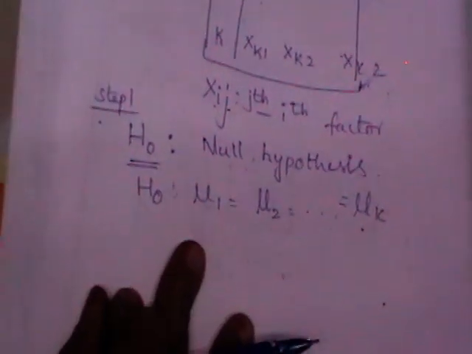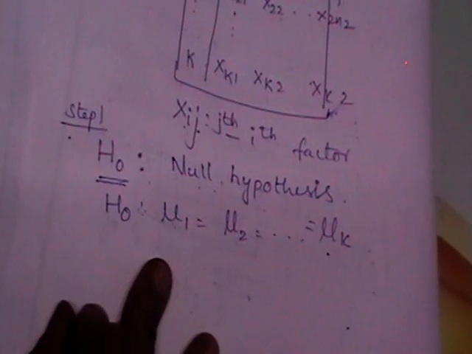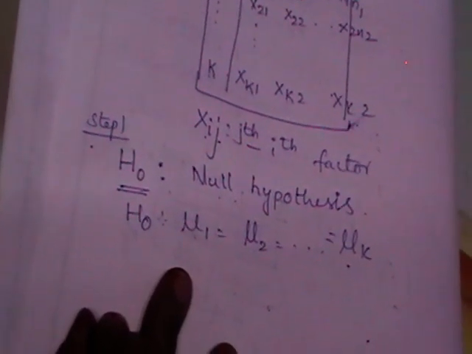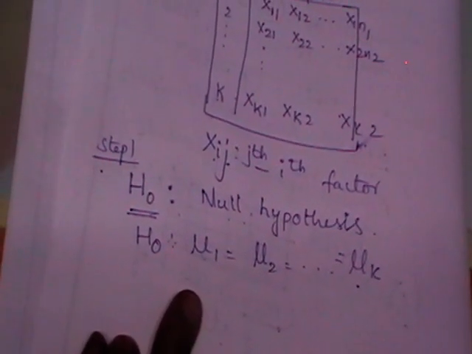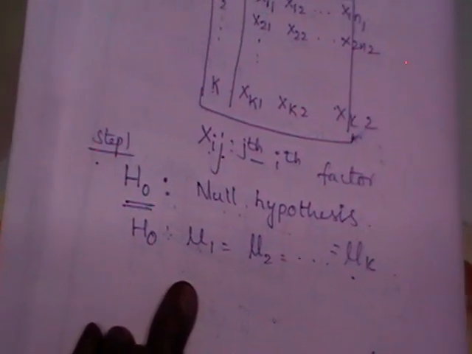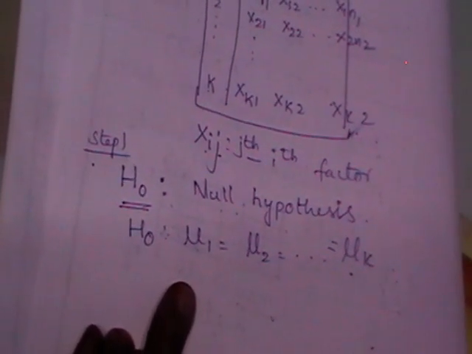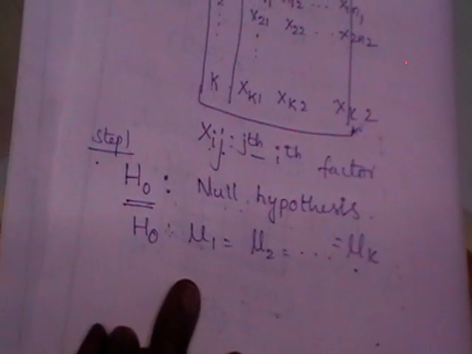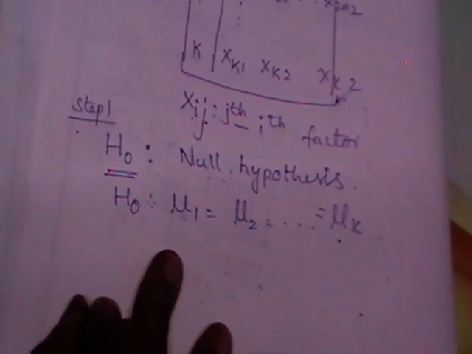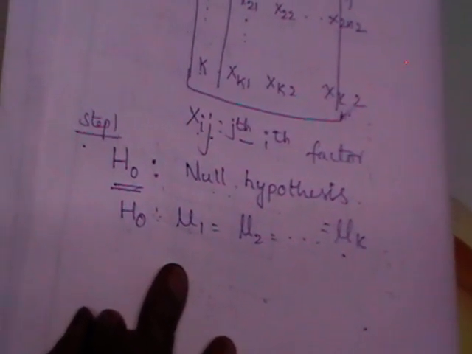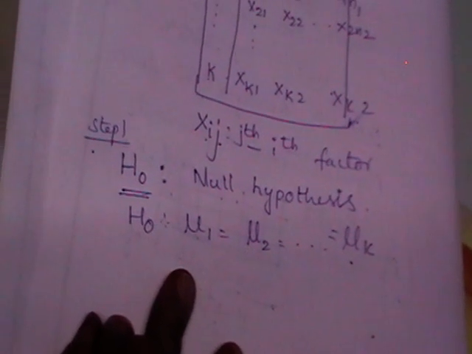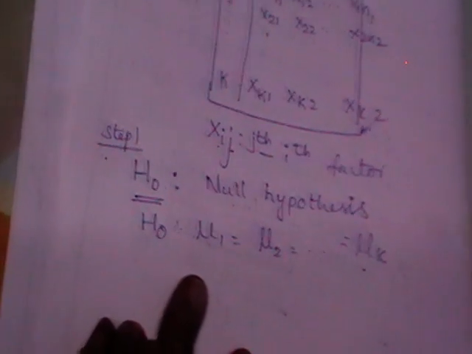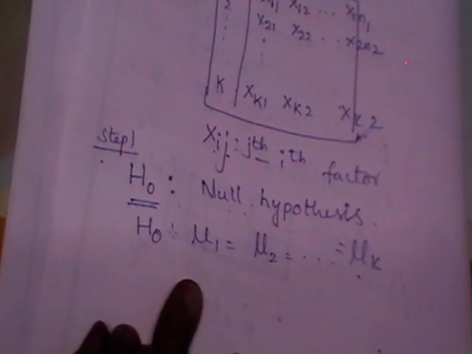Consider the same example: we have an agricultural field and you are applying, say, 5 different fertilizers. Before we conclude anything, we frame a statement regarding the experiment which is neutral in nature, meaning we are not partial to any of those fertilizers.